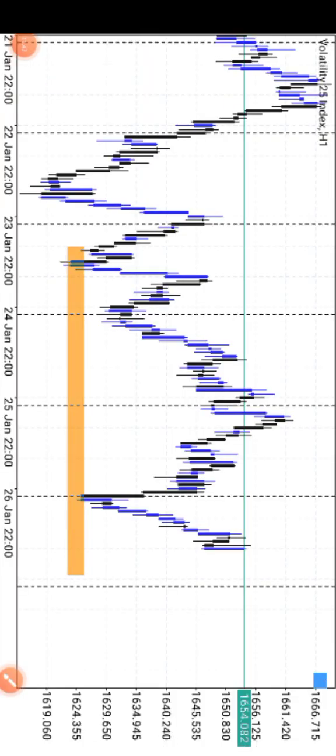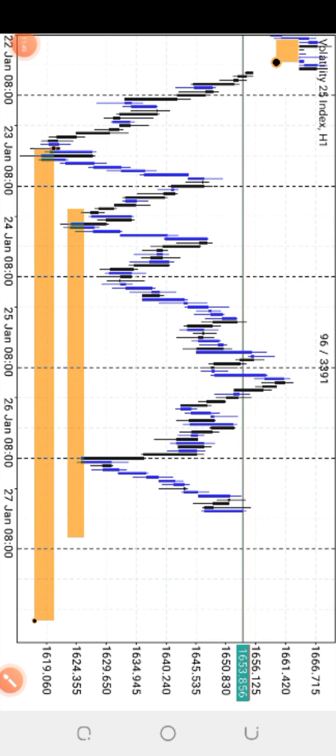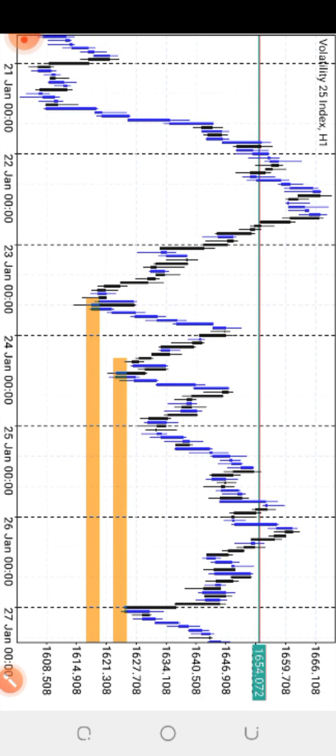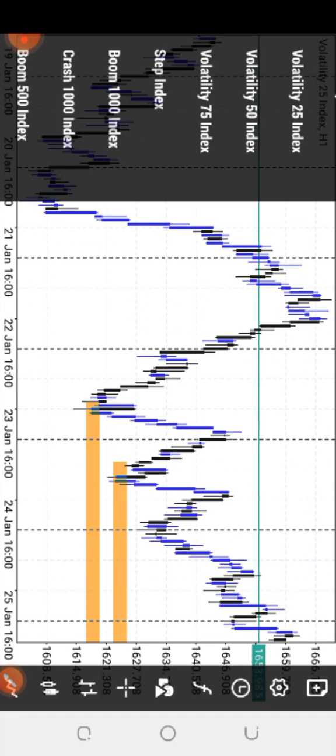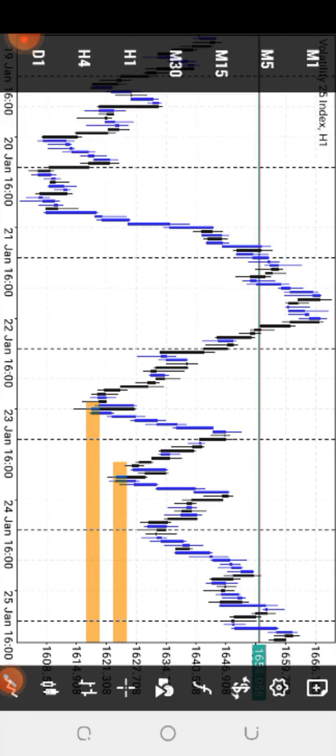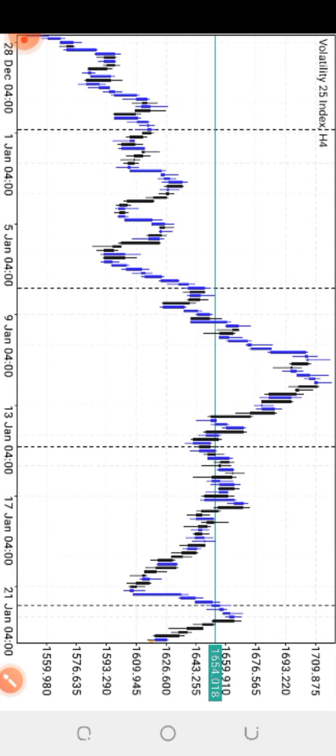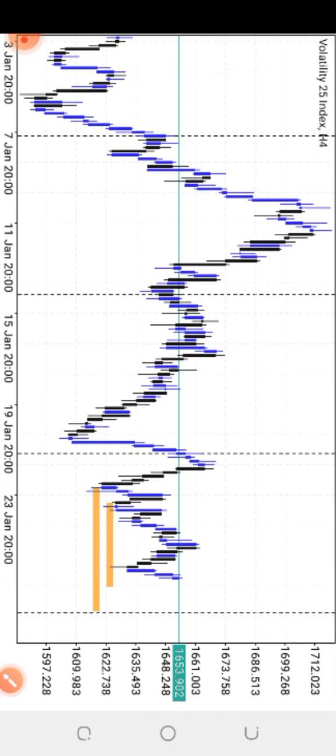This down here again is another order block. This is how we map out the order block levels on price action.